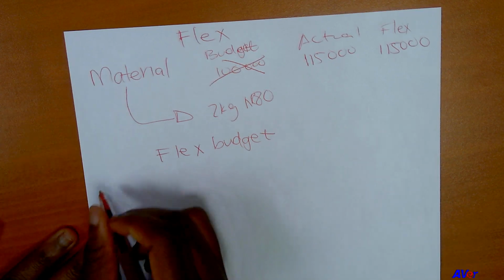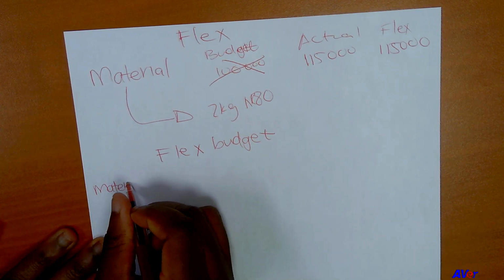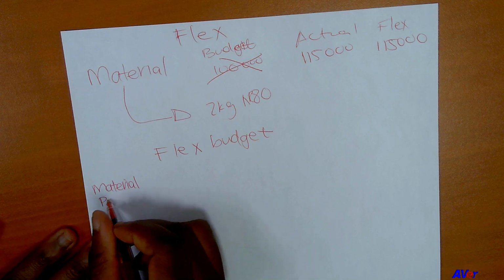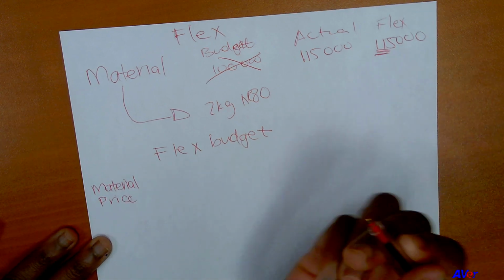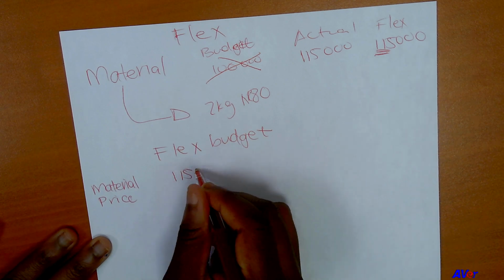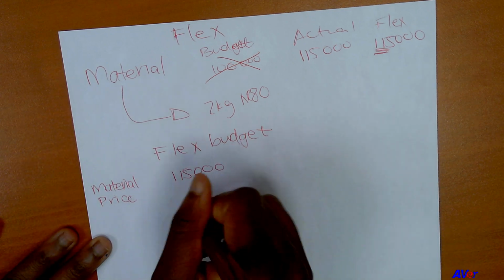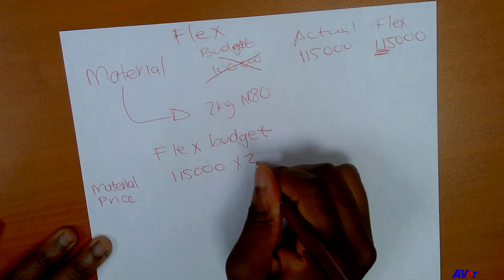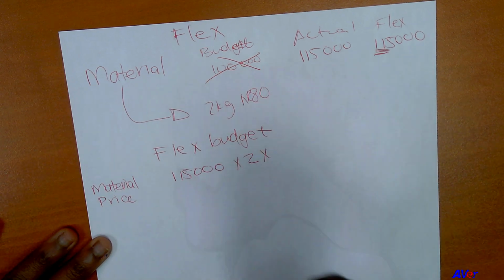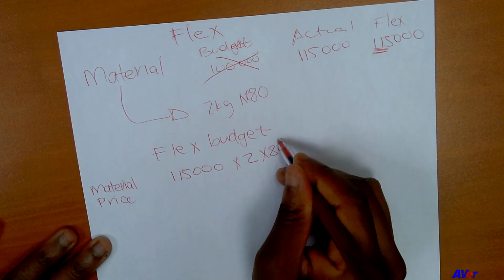You will just say material, and you will say, okay, for material, in terms of price, I had, you go back, 115,000 units, but for 1 unit, it was 2 kg, which is the budget, and then for the price per kilogram, it was 80.